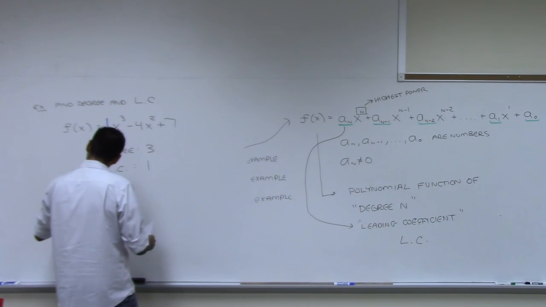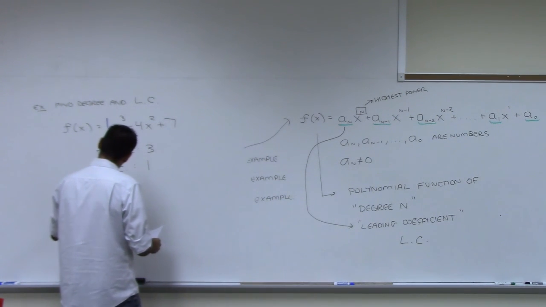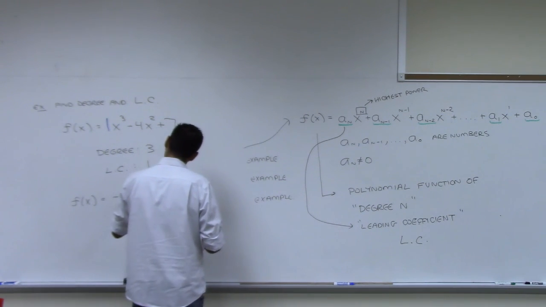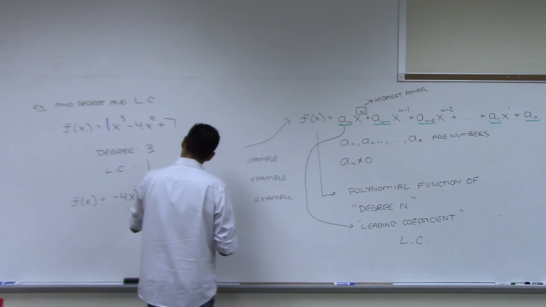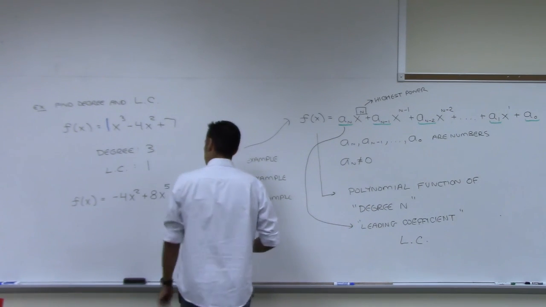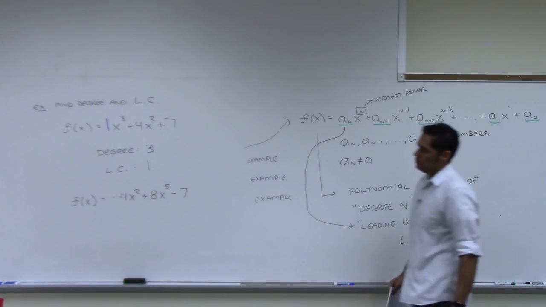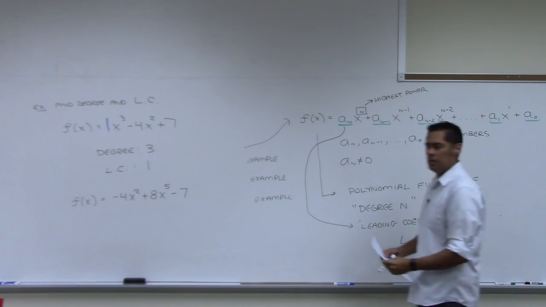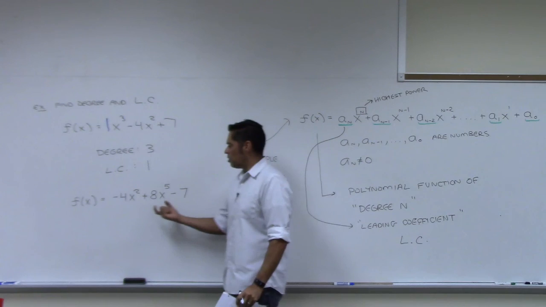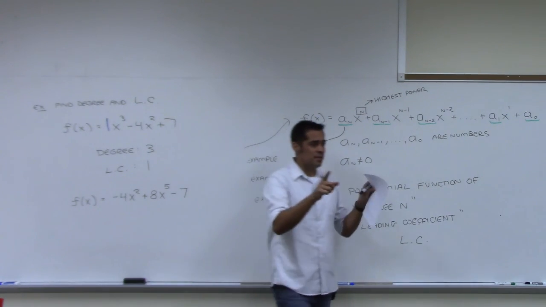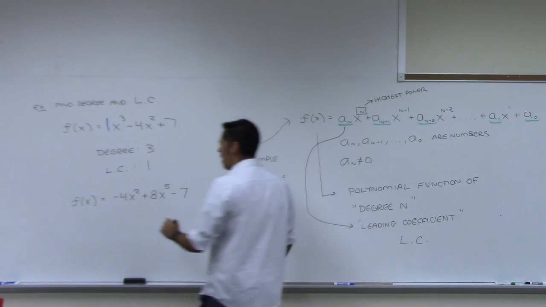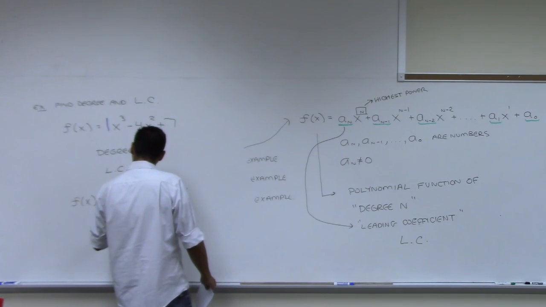How about f of x is negative 4x squared plus 8x to the 5th minus 7. Is that a polynomial function? Yes. You see separate terms, right? And you see powers of x in there. Okay, what is the degree? 5. Good. Degree is 5.